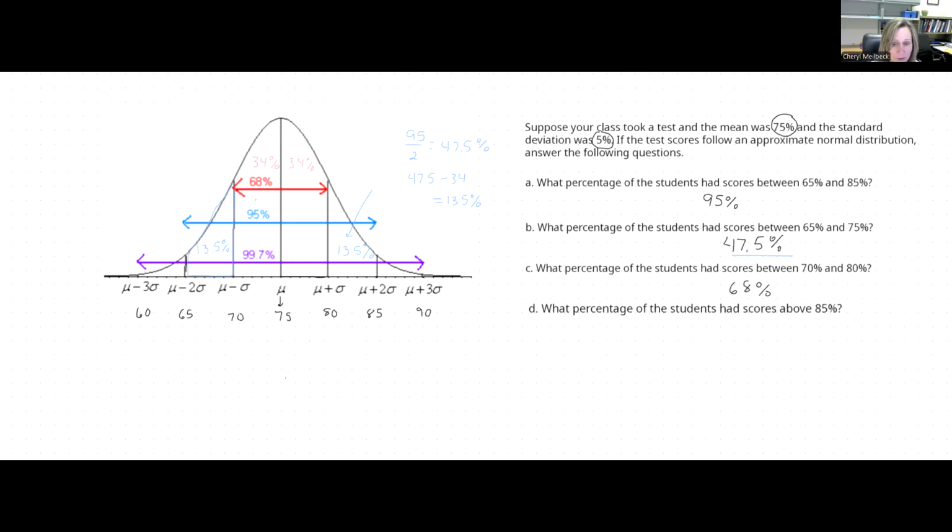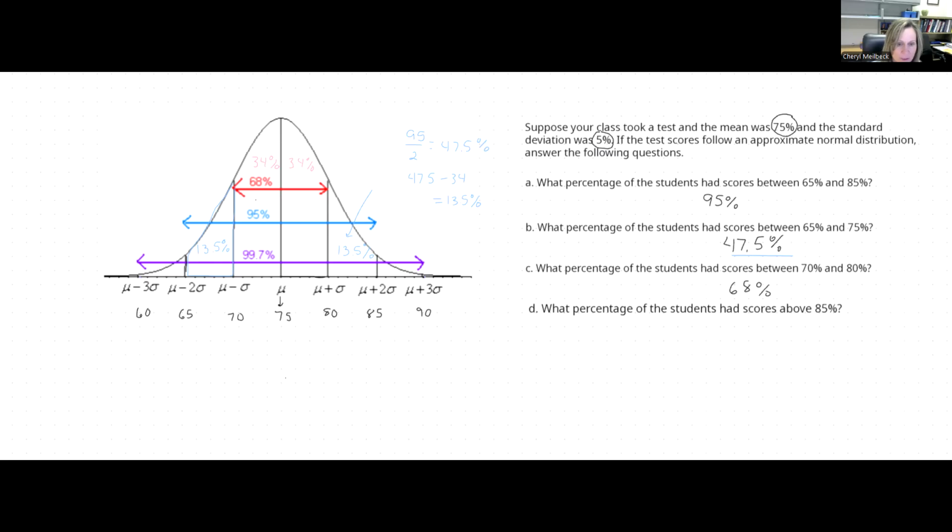We're going to do a similar calculation between 2 and 3 standard deviations above and below. So let's do that. Let's go with purple, because this is purple. We know that 99.7% of the data lies almost under the whole curve here, between 3 standard deviations below and 3 standard deviations above. So if we cut that in half, we'd be looking at what lies here.